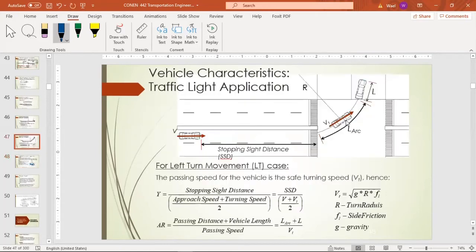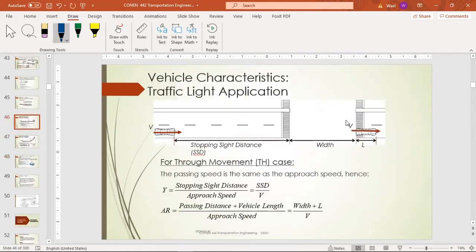Let's go up here and just explain. In order to calculate the stopping sight distance, we calculate it this way.